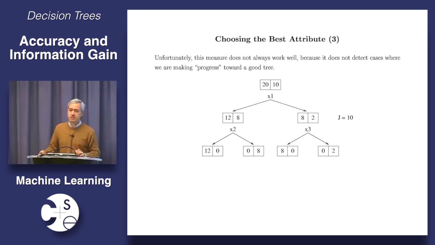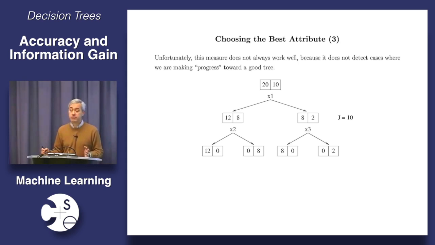Here's an example that shows why picking the most accurate attribute is not necessarily that great, right? I started out with a training set with 20 positive and 10 negative. And now I have this attribute x1 that creates the following split. And when it's true, I get 12 and 8. Okay, so how many errors? 8, right? And on this side, I get 8 and 2, so how many errors? 2, right?